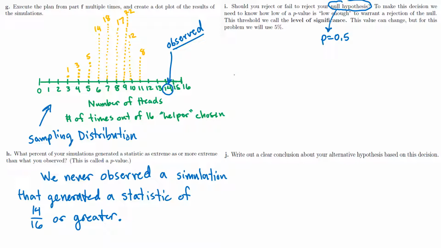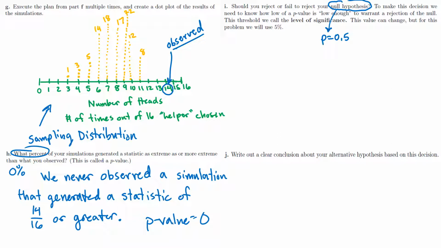So the fact that we never observed a simulation that generated a statistic of 14 out of 16 or greater meant, another way of saying it, that we observed it 0% of the time. When it asks what percent, we would say 0%. This is what's called our p-value. So our p-value here was 0.